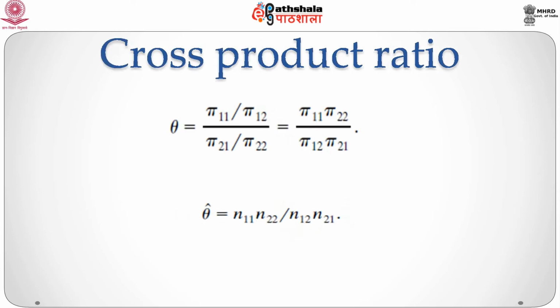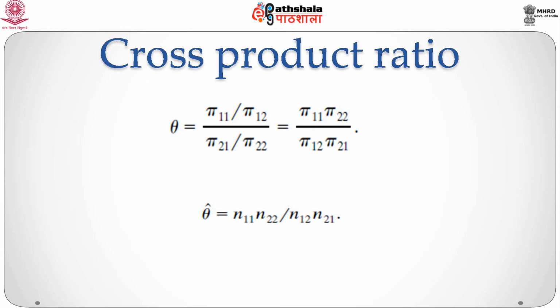The odds ratio is also sometimes referred to as the cross product ratio, and the reason is that for the simplest case, the 2 by 2 table, the odds ratio is given by theta equal to pi 11 by pi 12 by pi 21 by pi 22, which can be rewritten more simply as pi 11 pi 22 by pi 12 pi 21. Because this looks like a cross product, I sometimes call theta the cross product ratio.